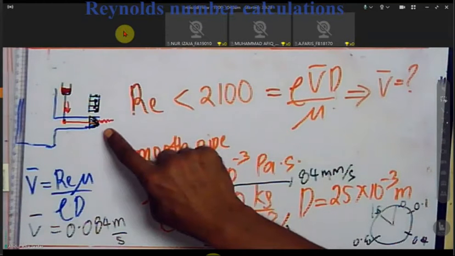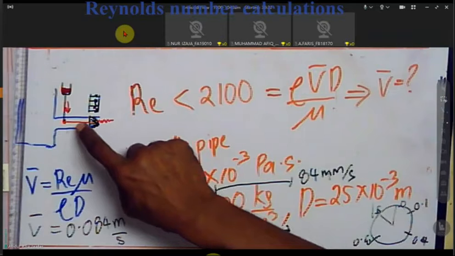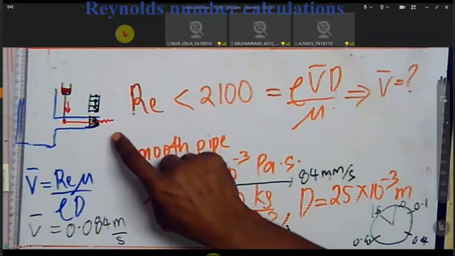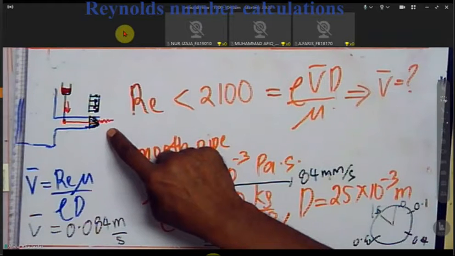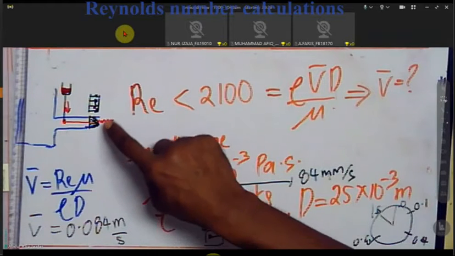So we expect that the fluid flow inside the pipe will have an irregular shape.